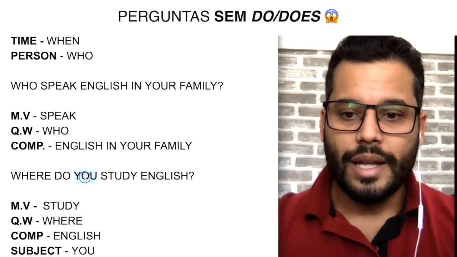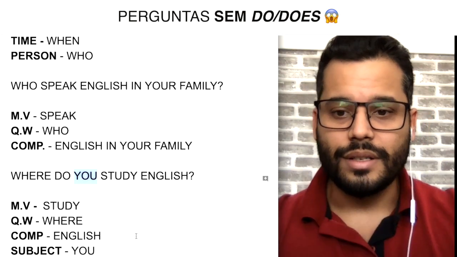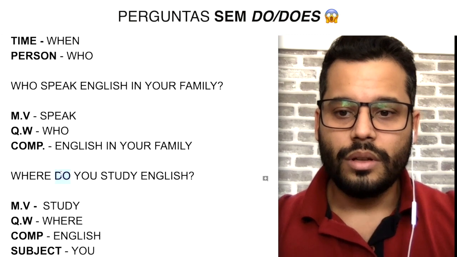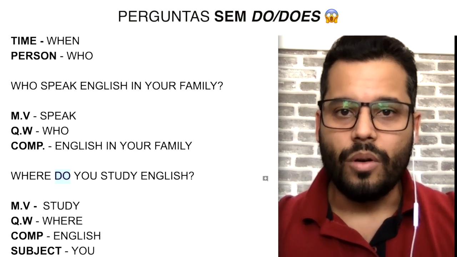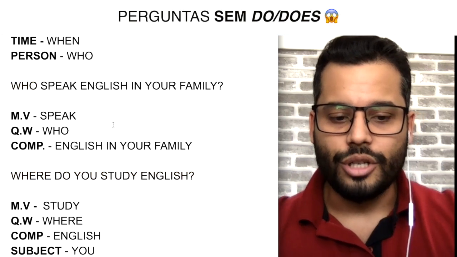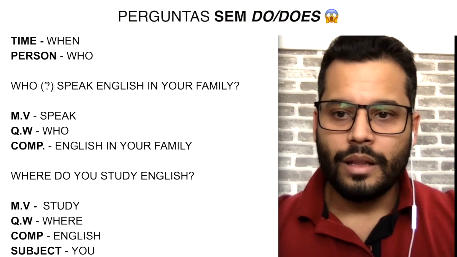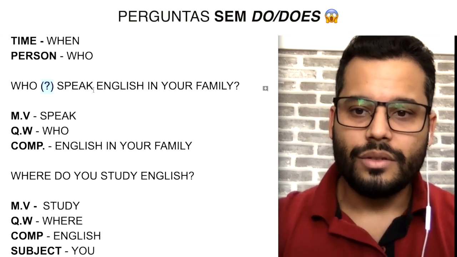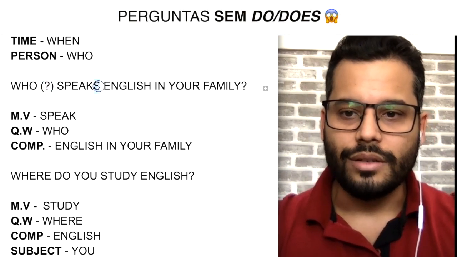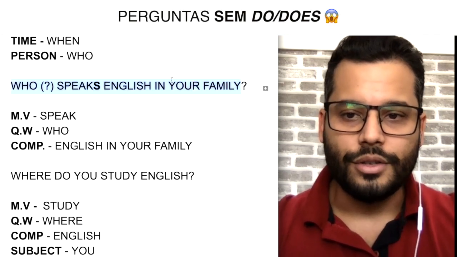Attention here. Every time you have a subject, you connect the subject to the auxiliary verb, do or does. If you don't have a subject, no subject, you connect to inflection S. So that's the correct form of this question.